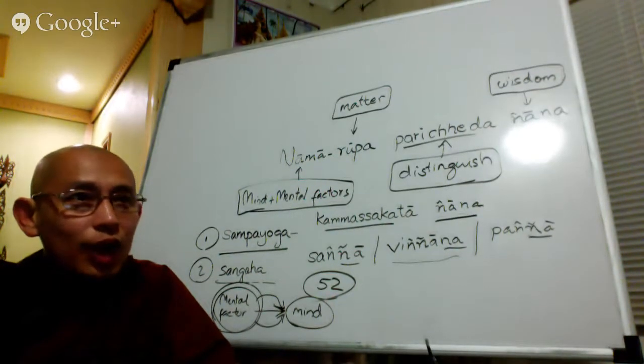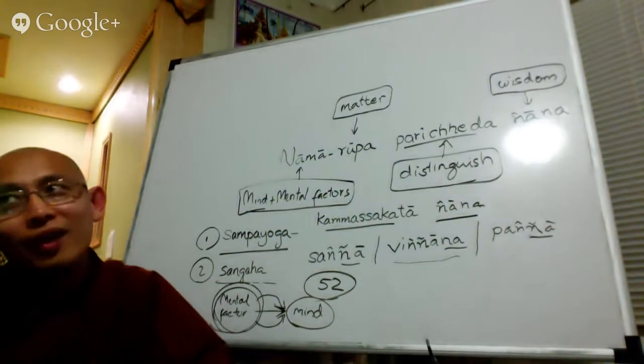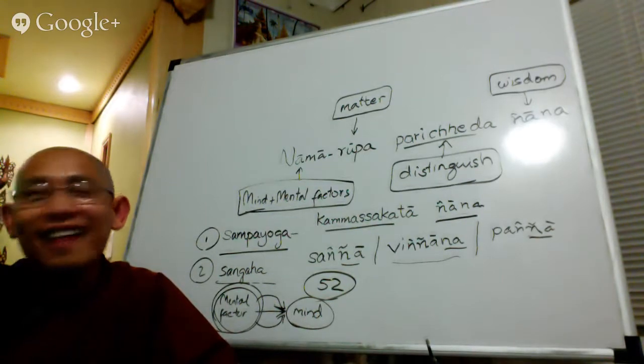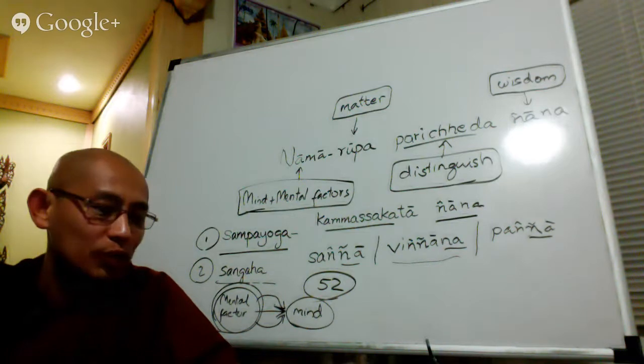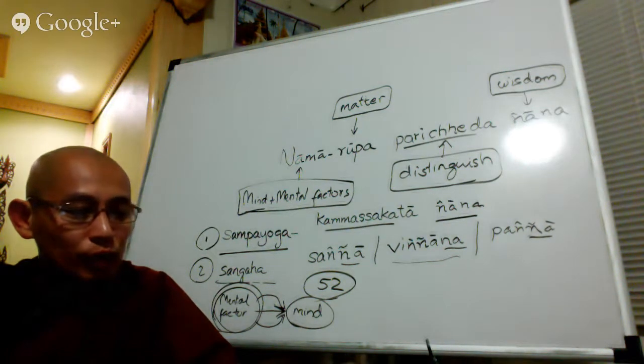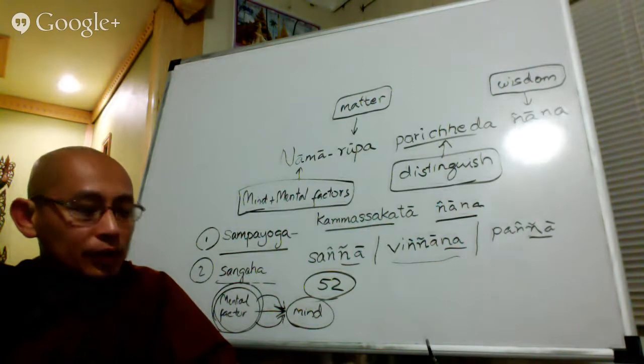So altogether 24. Understand? So 24 lokuttara jhana, first, second, third jhana level, associated with the piti. You need to understand it like this.